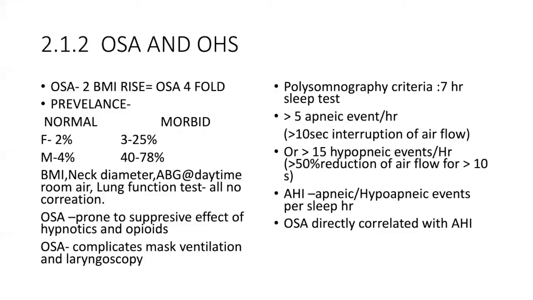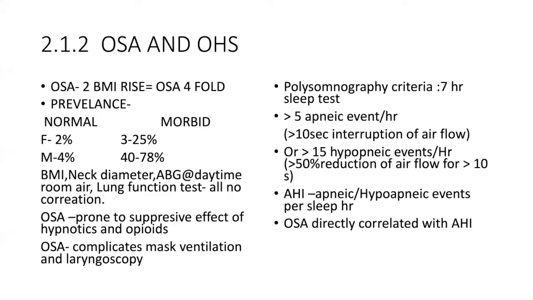So other factors that need to be assessed, other than BMI, are the neck diameter and daytime ABG on room air. Nighttime nocturnal hypercarbia may be present for some other reason, but daytime room air ABG is required.